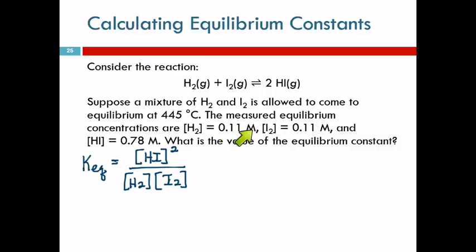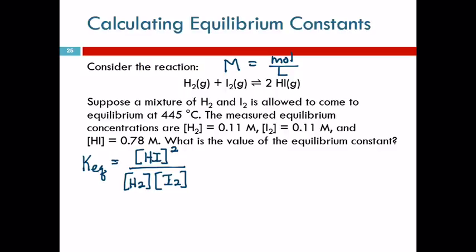They give me concentrations for these, and so I need to just put them in. We're not going to try to trick you with concentrations and make you convert those. These should always be capital M. Capital M means moles per liter. That's all it means.